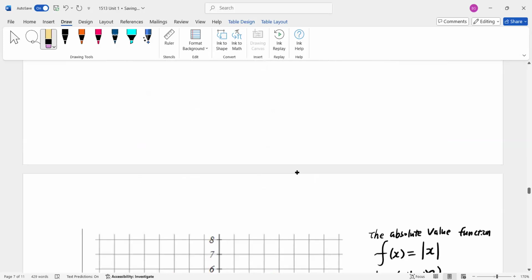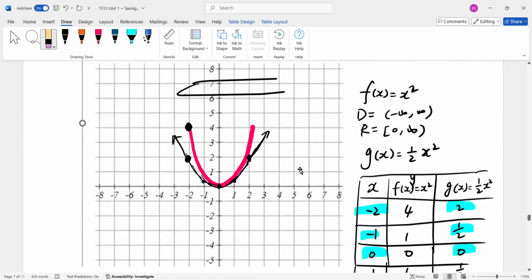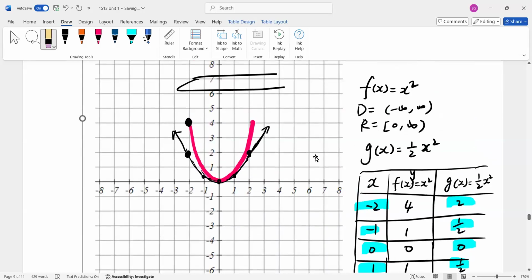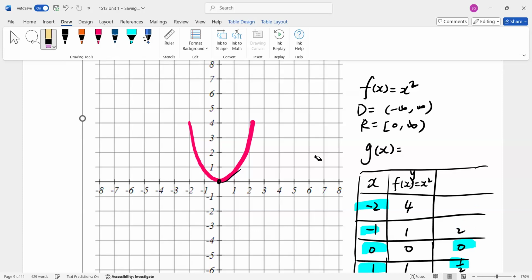Okay, let's take this graph as an example, the square function. The 5 points: 2, 3, 4, negative comma 4, actually, it's right here.